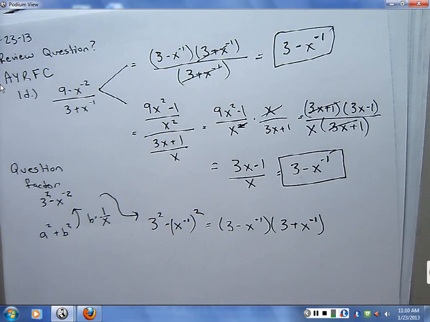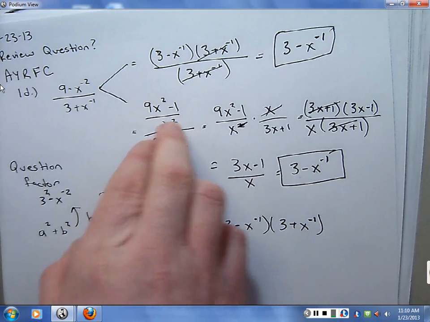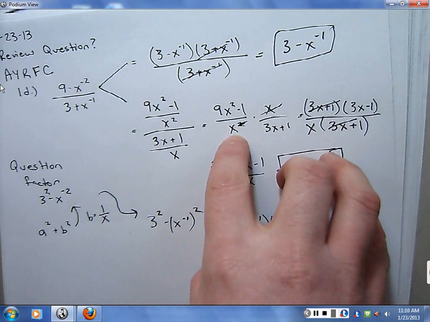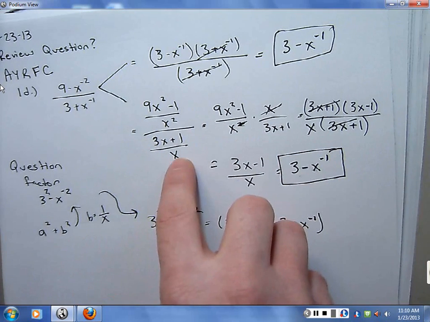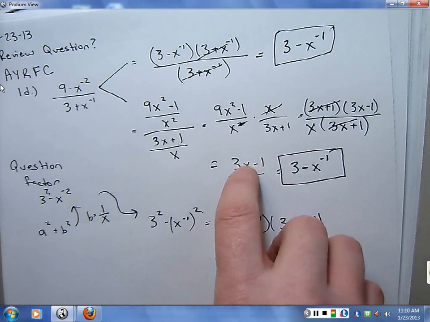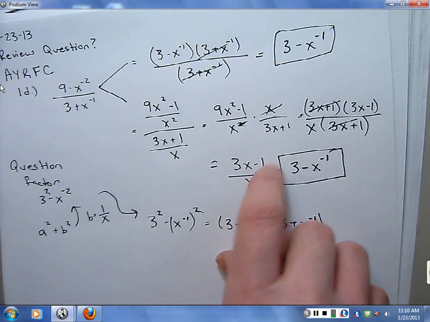Any questions on that? Yes? On the second example, how did you get from the 3x minus 1 and then the bottom x right below your fingers? This x? No, down. And then to the right answer, where did So I split up my denominator. I have 3x over x minus 1 over x. Okay.